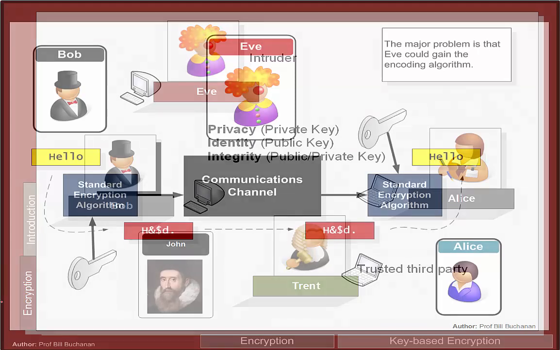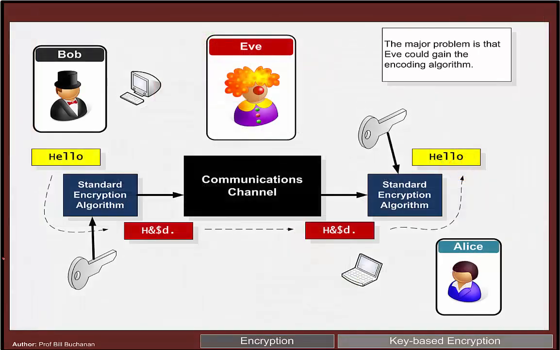Okay, so here's what we ended up with in the previous unit. We use a standard encryption algorithm that everybody knows about. It's well published. Even Eve knows all about it and how to use it.